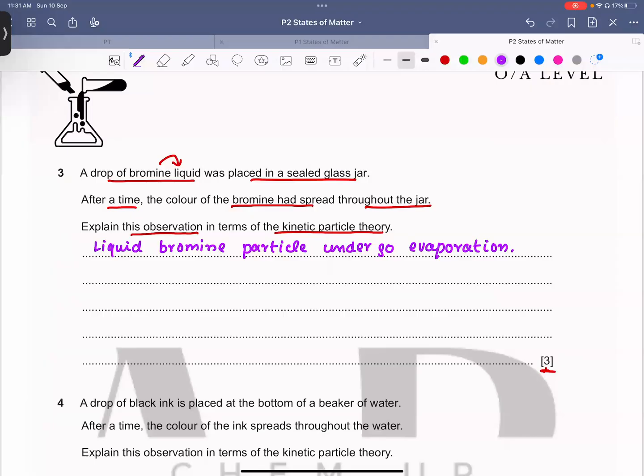Yes, here we go. So first it will go under evaporation. Is my screen shared with all of you? Yes, sir.